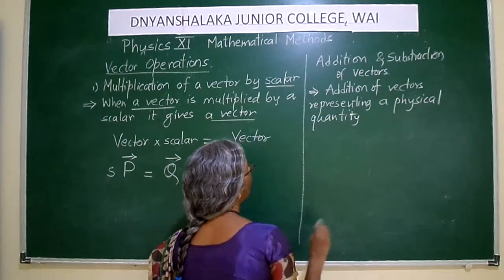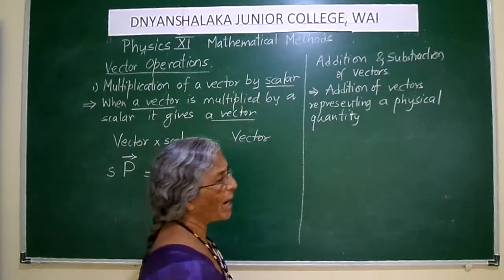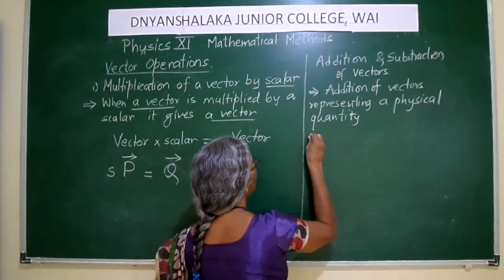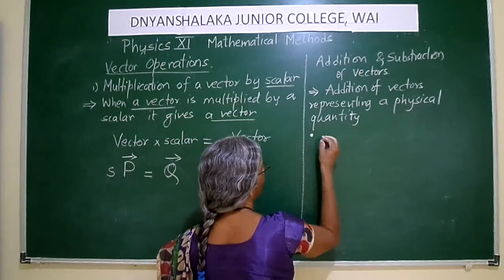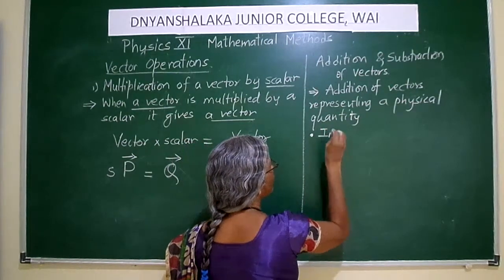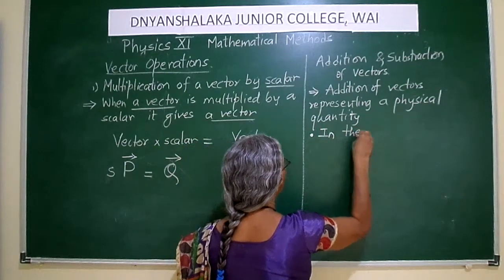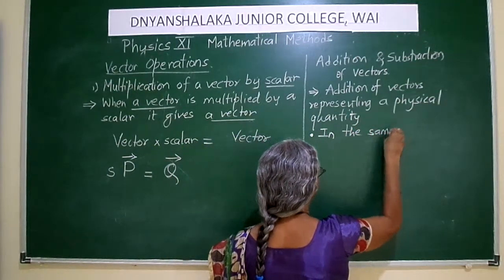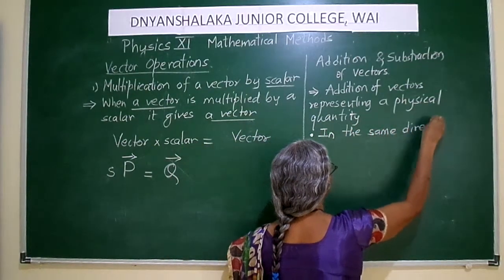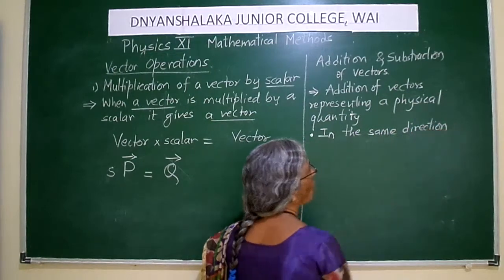Now there will be two conditions applied over here. The first condition is that these vectors are in the same direction.